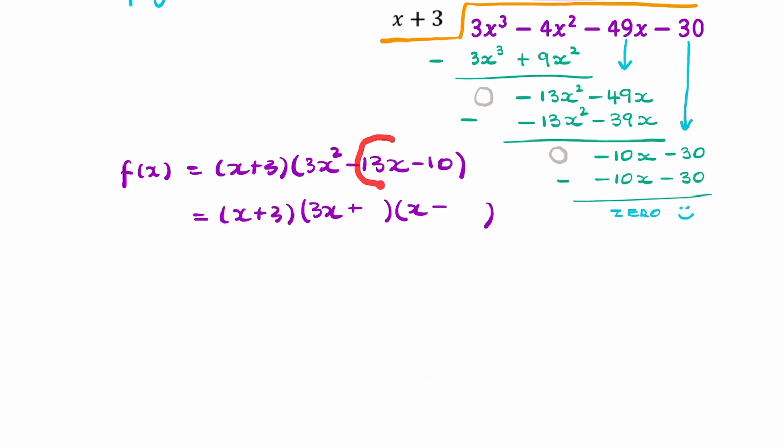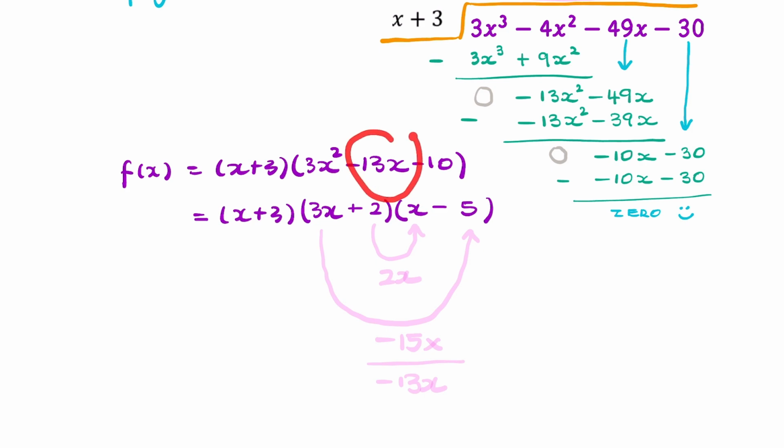Because we have a 13, it makes sense that we should have a 5 here and a 2 there. You can always check by multiplying these two. Do you get minus 13x? If I multiply 2 times x, I get 2x. If I multiply 3x times negative 5, I get negative 15x. Together, if I add these, I get negative 13x, which is what I have up there. So that looks like it's correct.